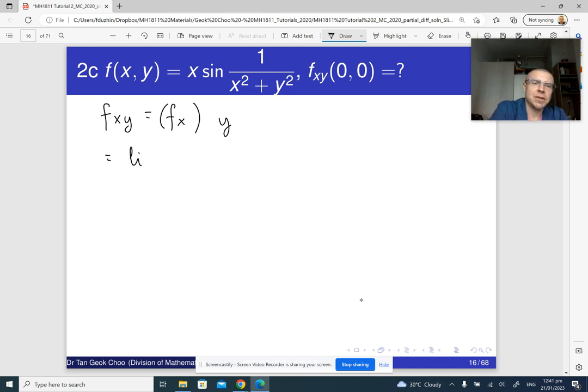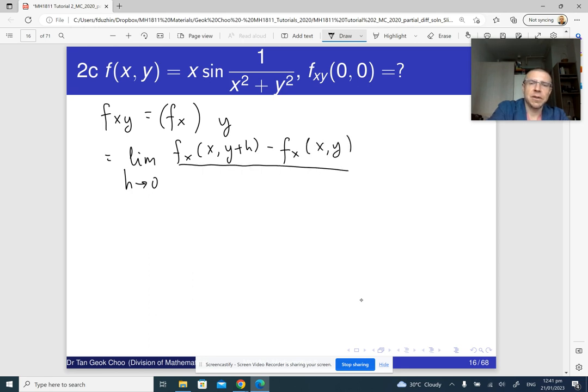This is really the limit as h goes to 0 of f_x evaluated at the point (x, y plus h) minus f_x evaluated at the point (x, y), divided by h. This is the general definition of what the second partial derivative means, because we've got to start with the first derivative and then differentiate that.